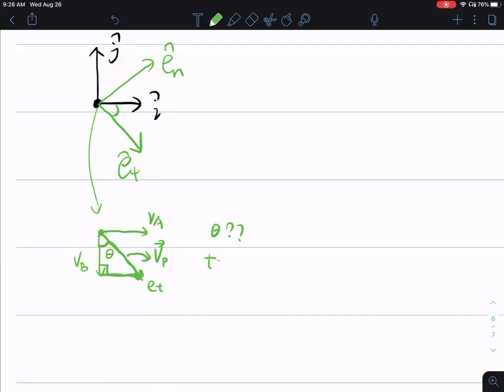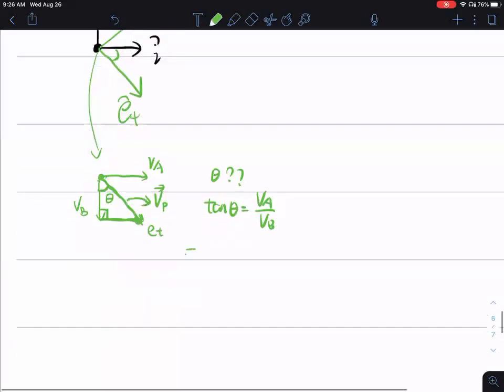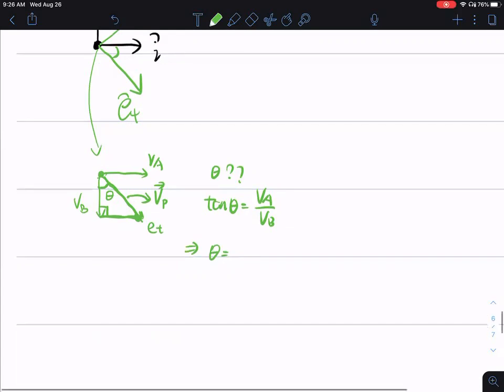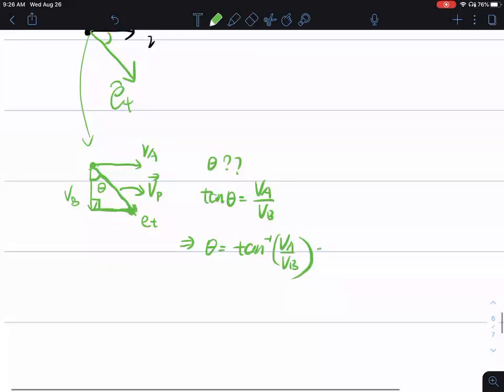So tangent theta equals VA divided by VB. You can use your calculator to find exactly what the angle is. Angle equals arctangent of VA over VB. All right, use your calculator to tell me what the angle is in degrees.